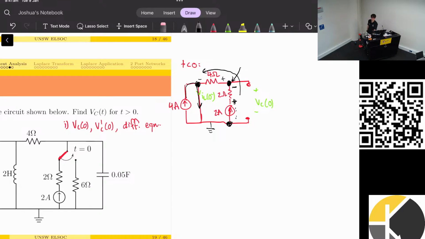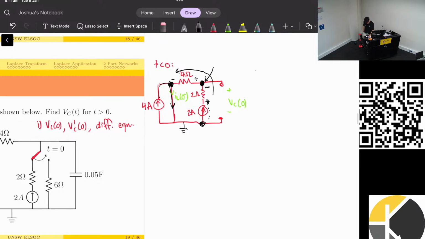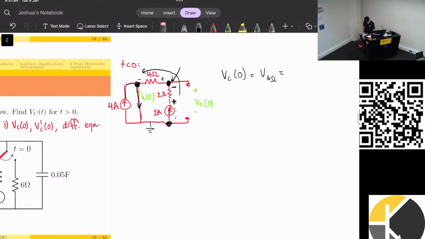Do you see that? Yeah, okay. So the voltage across the capacitor is the same as the voltage across the 4 ohms, which is 4 ohms times 2 amps, which will be 8 volts.